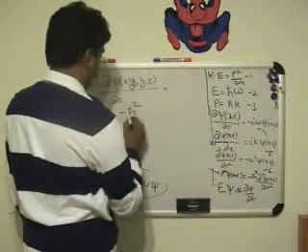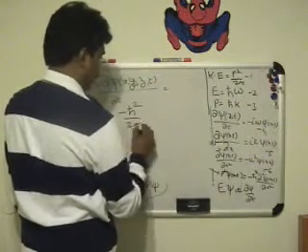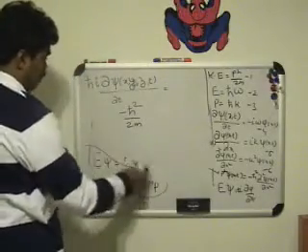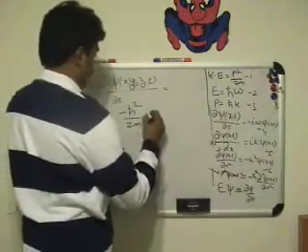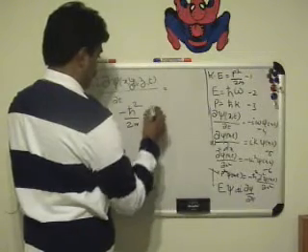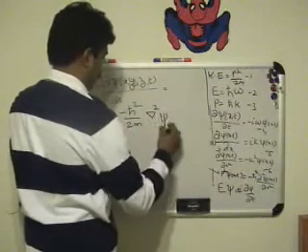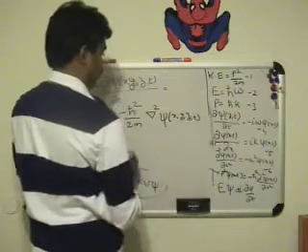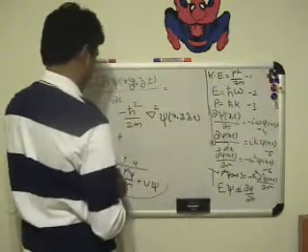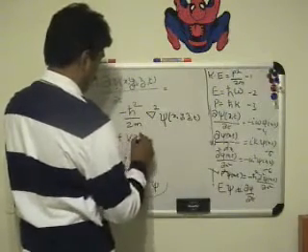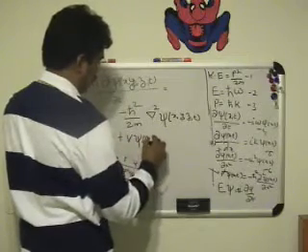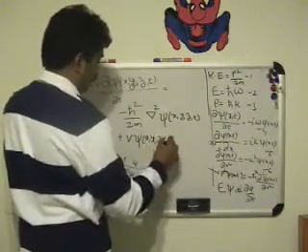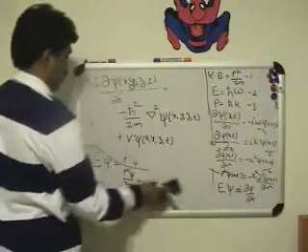Minus ħ squared by 2m, and this is the Laplace operator, sorry, not the Hamiltonian, right? Laplace operator of ψ(x, y, z, t) plus V into ψ(x, y, z, t), right?